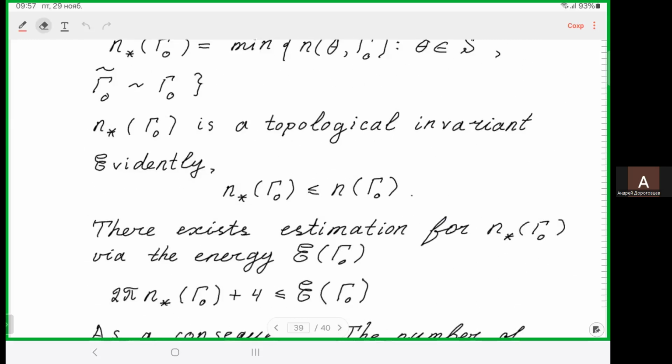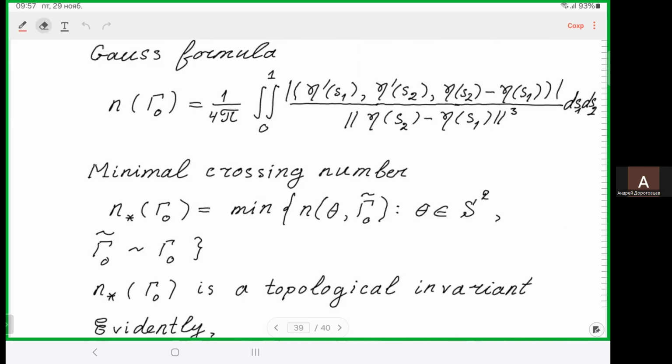It occurs that for the average crossing number, we have a Gauss formula, like you see on the picture, and we can consider the minimal crossing number. To find the minimal number of points of self-intersection, we just vary theta over the unit sphere.